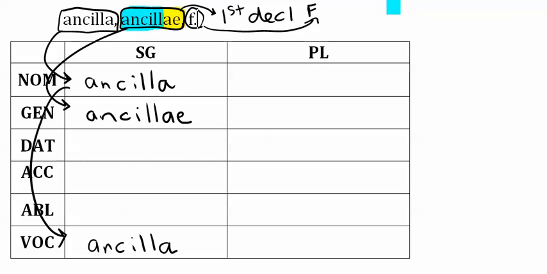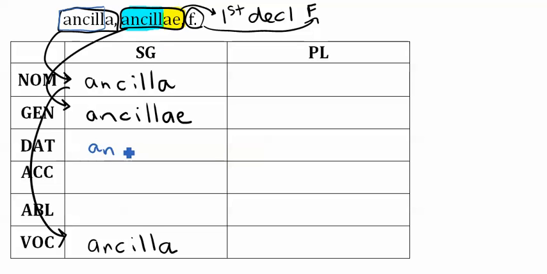That's the true stem. Now for this particular noun, it turns out that the stem on the nominative singular is ill, but for some nouns that won't happen. So always look at the genitive singular.